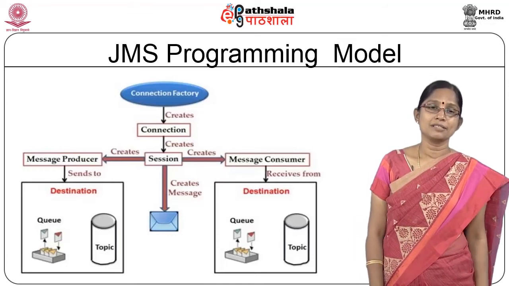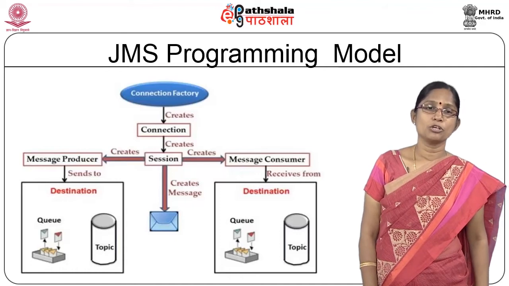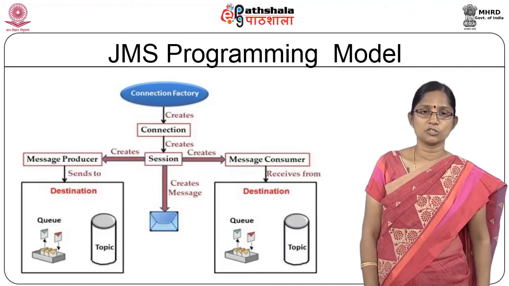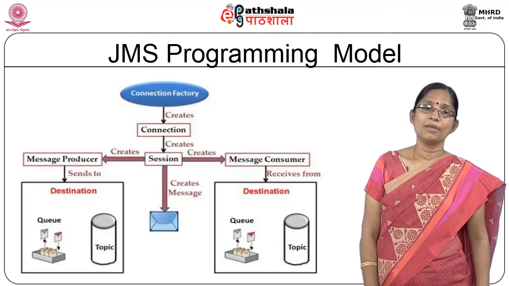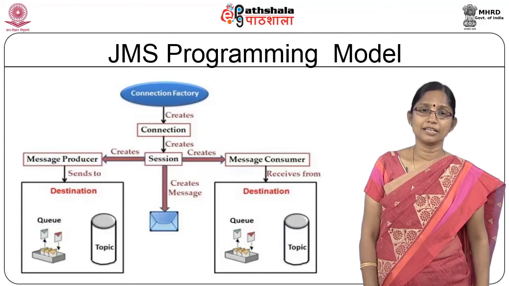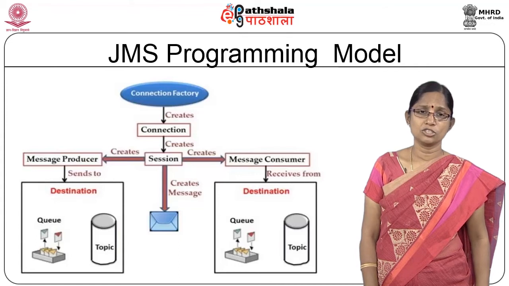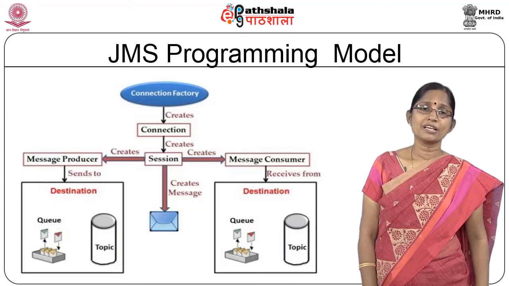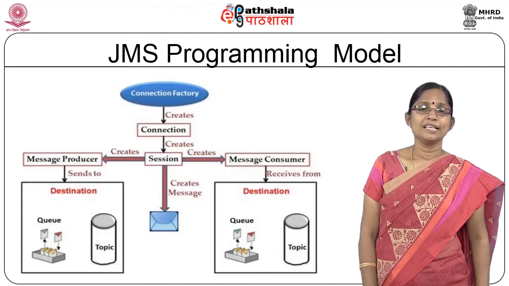So whatever messages are given by the message producer are sent to a destination. Now the destination may contain a queue or it may contain a topic. It can follow any one of these representations. Again, the message consumer receives all of these messages from the destination where the producer has sent the messages. So these are all the components of a JMS programming model.